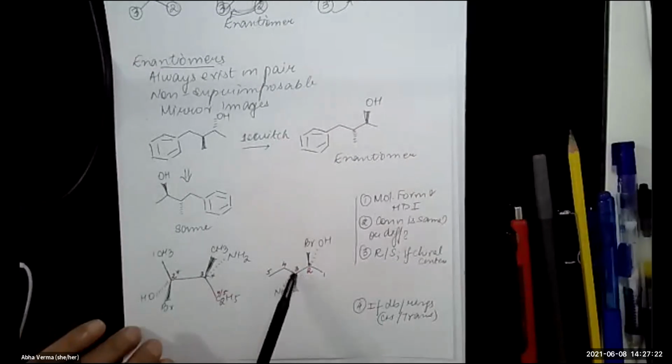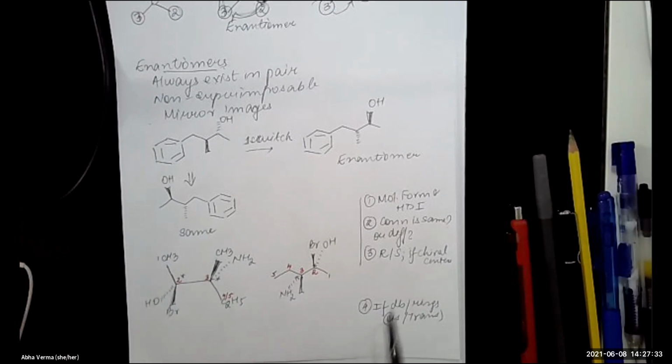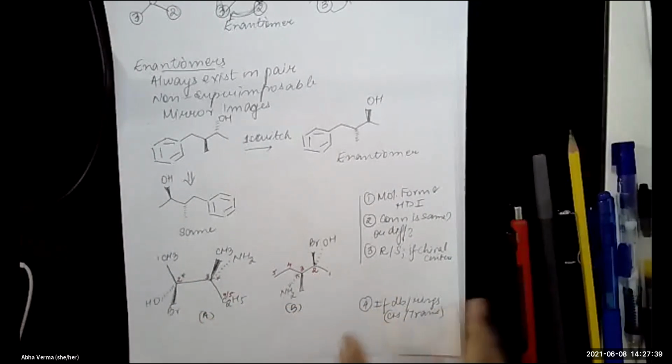So looking at our structures, don't be scared with what they look like. Okay, you don't have to be scared because of that. But this R and S assignment on these structures, A and B, will help us.